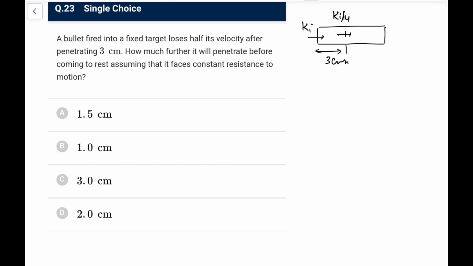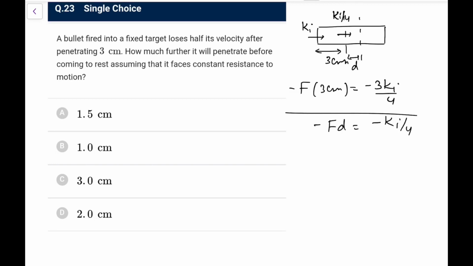So the negative work done, minus F into 3 centimeter, is equal to minus 3 Ki by 4. Now what is the additional distance it will travel? Let's say it would be d. So minus F into d would be equal to minus Ki by 4, that energy has to be lost. Divide the two, everything cancels, clearly d will come out as 1 centimeter. Go for option B in this particular case.